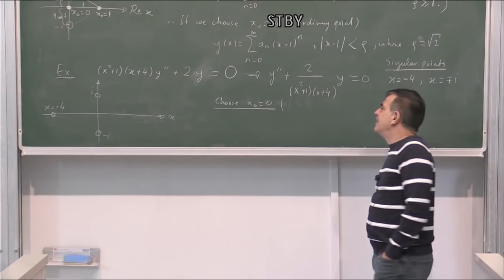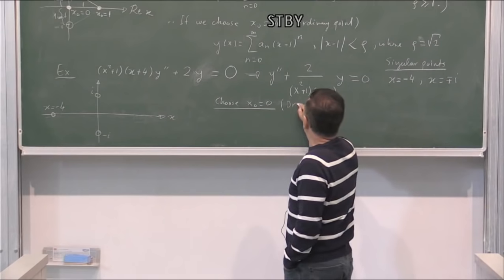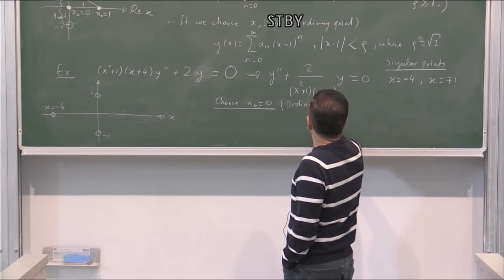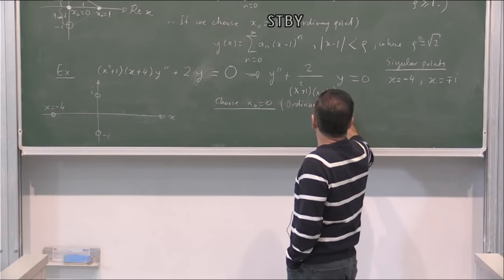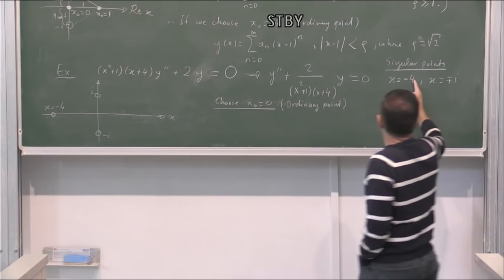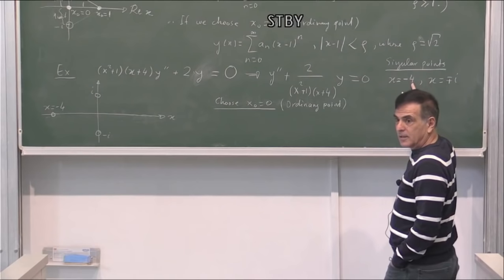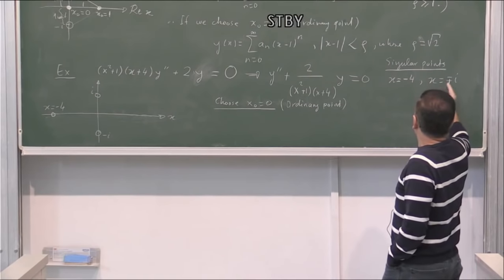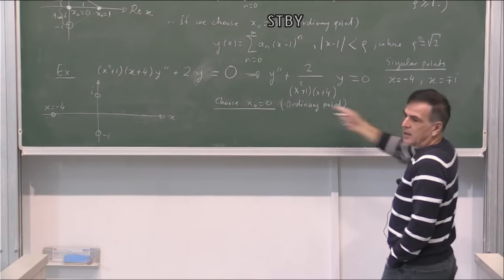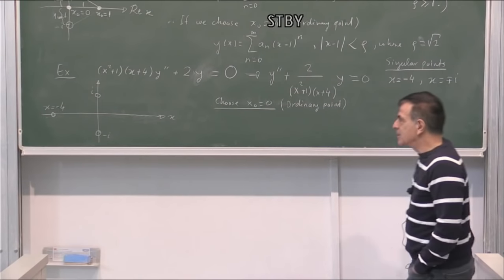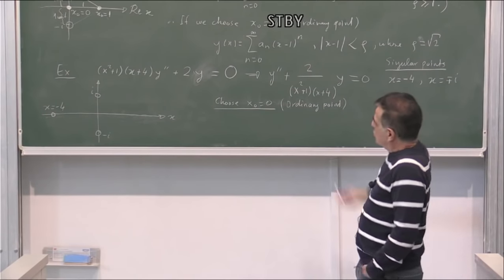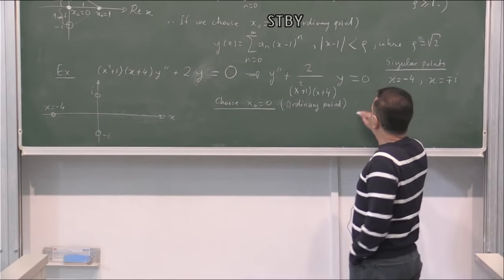Okay? So ordinary point, the only singular points are located at minus 4 on the real axis and plus or minus I on the imaginary axis. Okay? So there exists a solution. A solution is of the form.